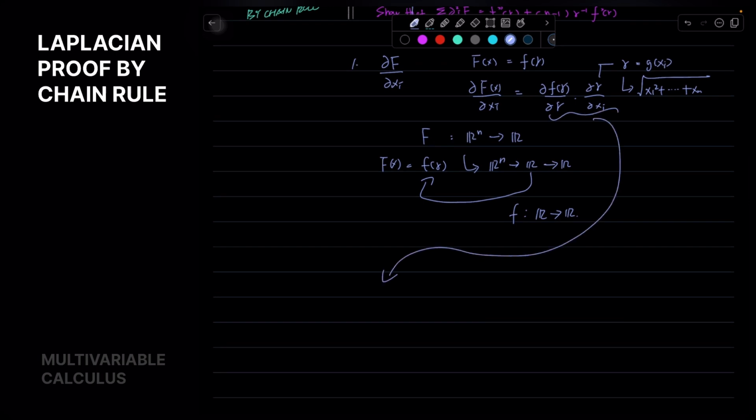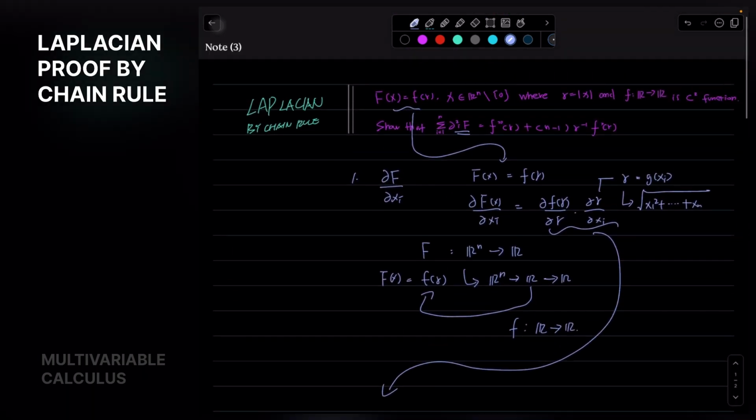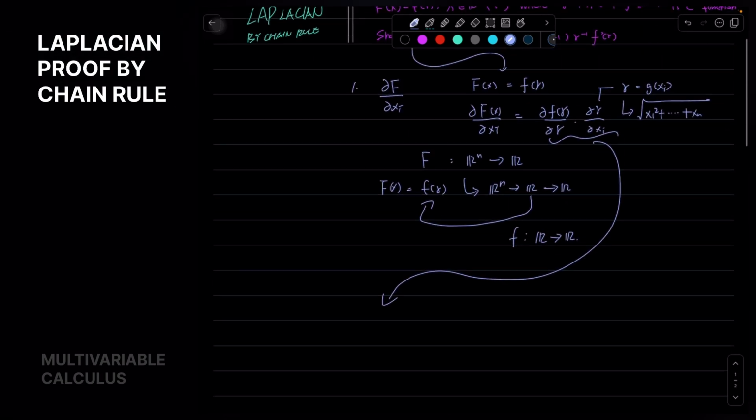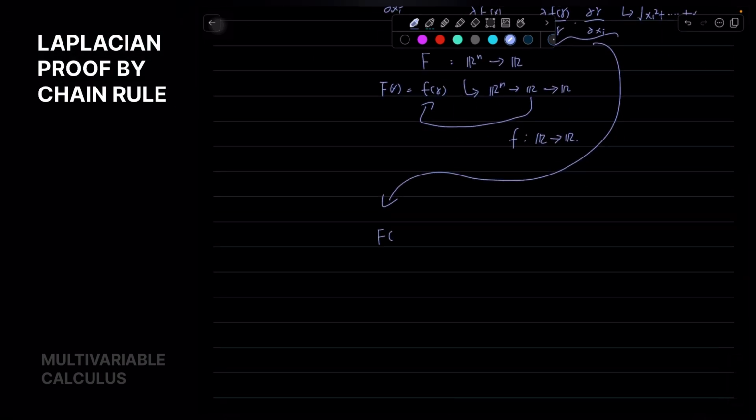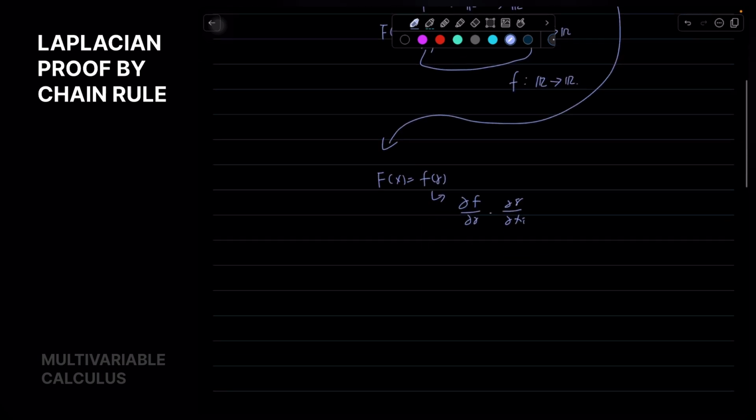After knowing this, we start calculating this. We know that f_x equal to f_r. So take the derivative of this one, we get that. Note that this means we are taking the derivative of little f with respect to r.